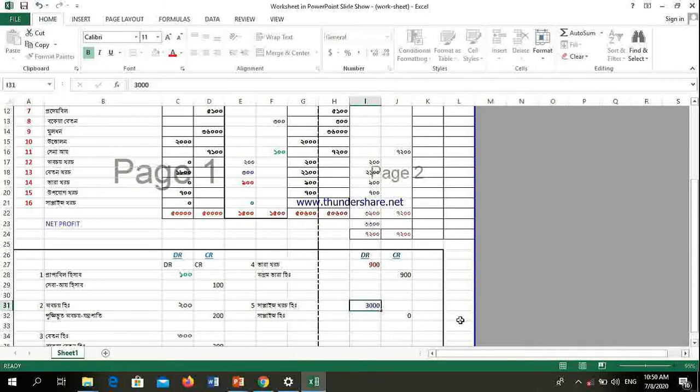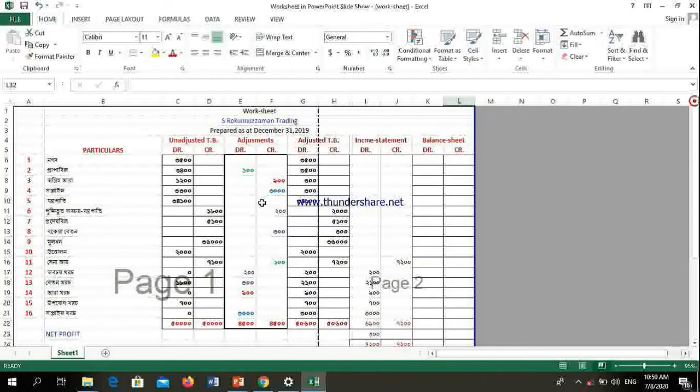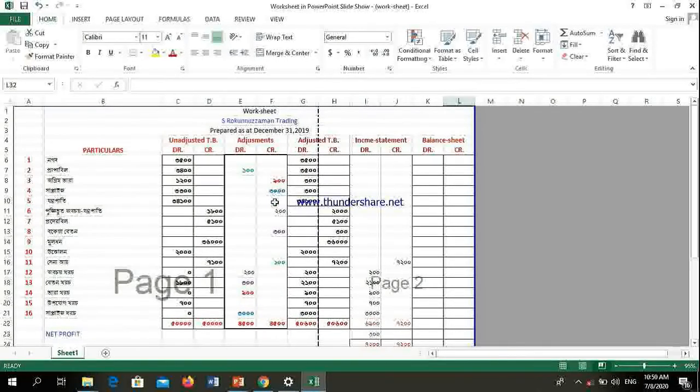Am I right? Okay, very clear. Now look, 4,500, 4,500, 50,600, 50,600. That means my calculation procedure is going on the right track. Now look, this is an unadjusted trial balance.